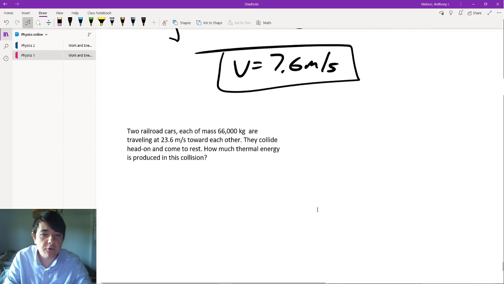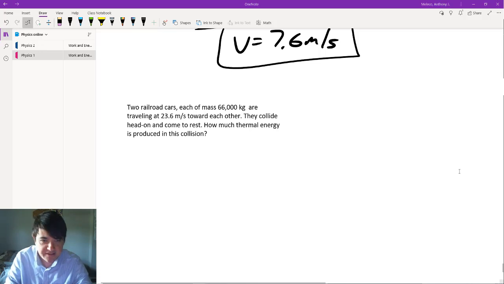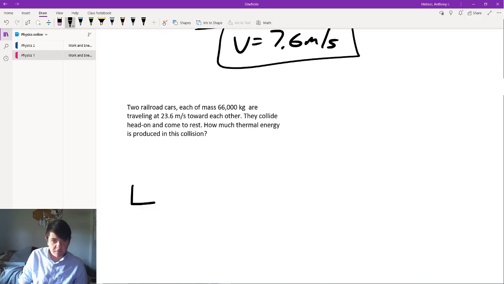Okay. 2 railroad cars, each of mass 66,000 kilograms, are traveling at 23.6 meters per second toward each other. They collide head-on and come to rest. And we want to know how much thermal energy is produced in this collision. So if we draw this, this is a very different problem than what we're used to.